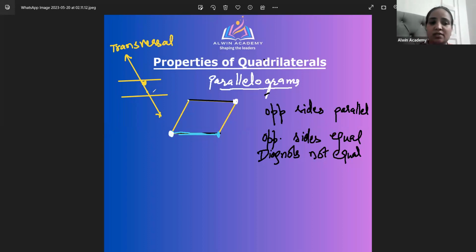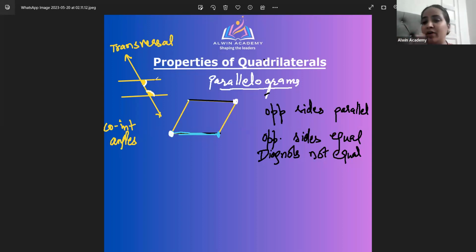Whenever I cut two parallel lines with a transversal, the interior angles on the same side of the transversal are also known as co-interior angles. Because they are interior angles, but they are accompanying each other, hai na? They are on the same side of it. You can also call them interior angles on the same side of a transversal, but this is a very long name.